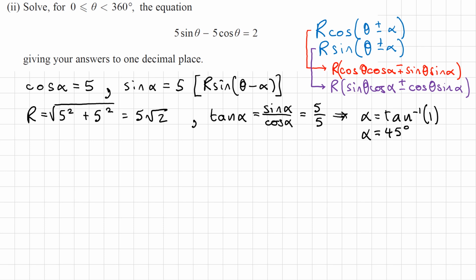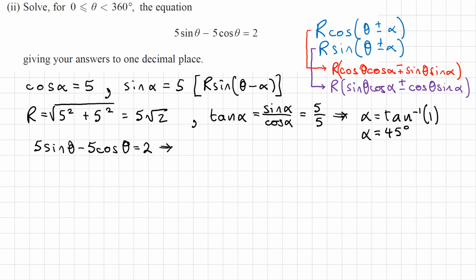Now remember, we've switched from part A, which was in radians. This is degrees. Now what does this mean? This means that I can write 5 sine theta minus 5 cos theta equal to 2 in this r sine theta minus alpha form.